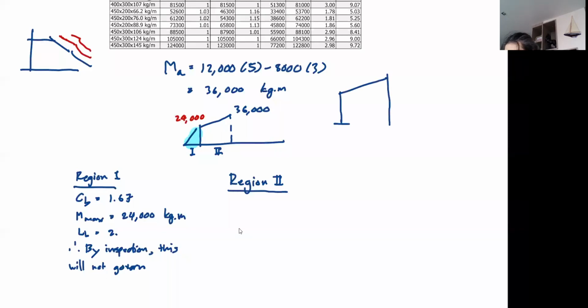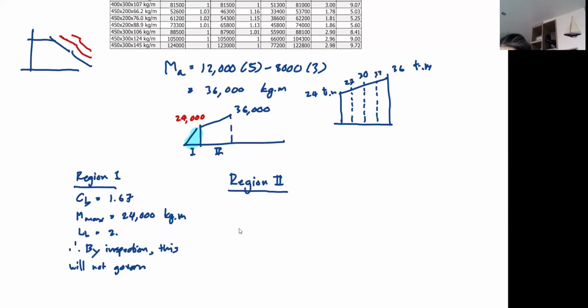Okay. So that becomes my moment. If that's 24, let's say 10 meter. Too tired of writing a lot. That's 36, 10 meter. Now I have to break this into 3 equal lengths. It's that 30, right? That's 27.